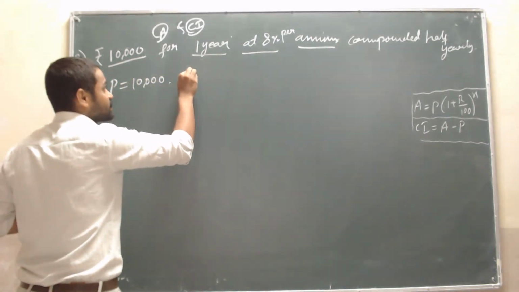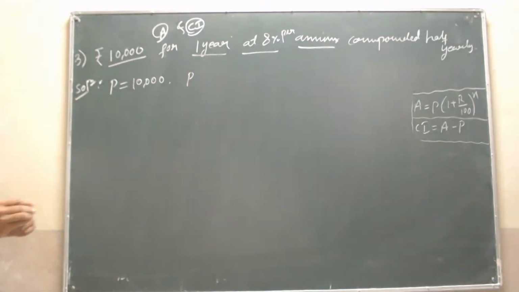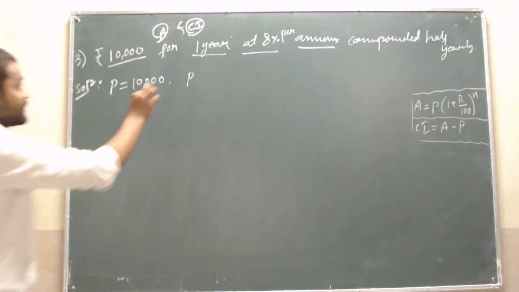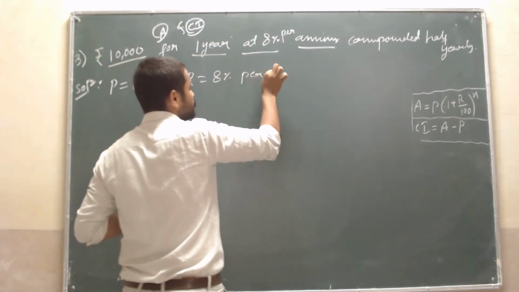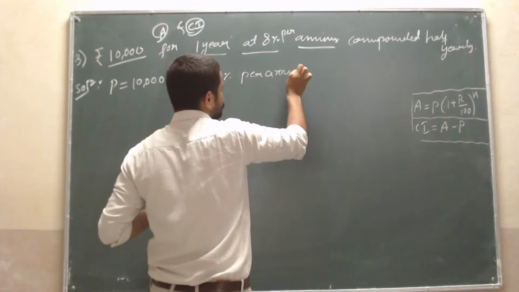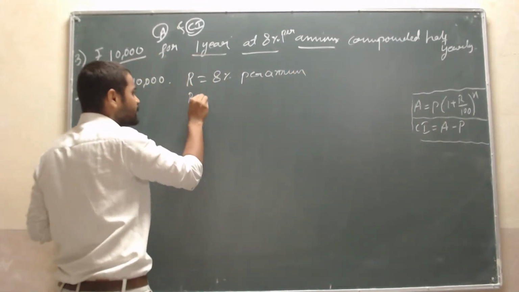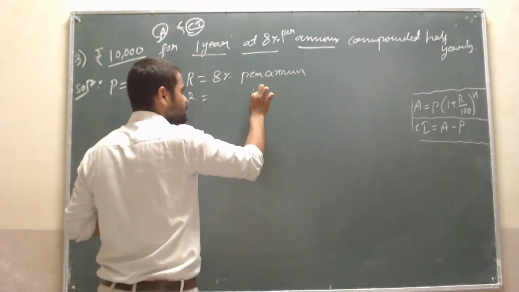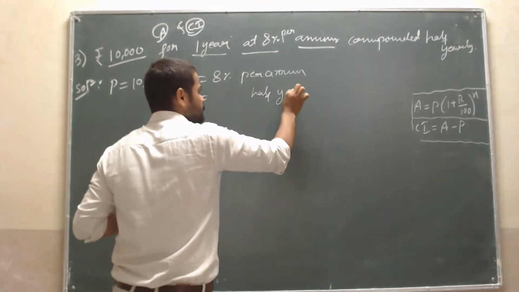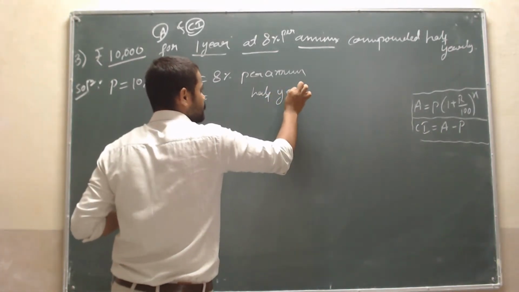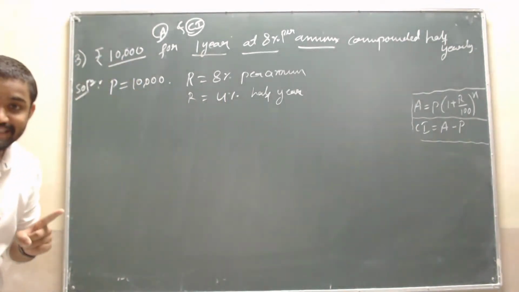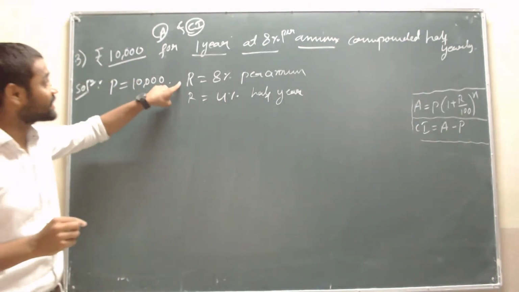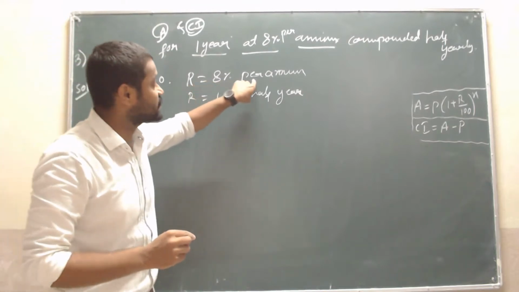So rate of interest per annum is 8% per annum. Then rate of interest for half year is 4%. Isn't it? Very good, Bharat. That is, sir, rate of interest is 8% per annum.